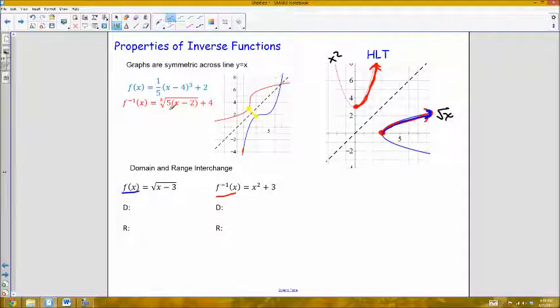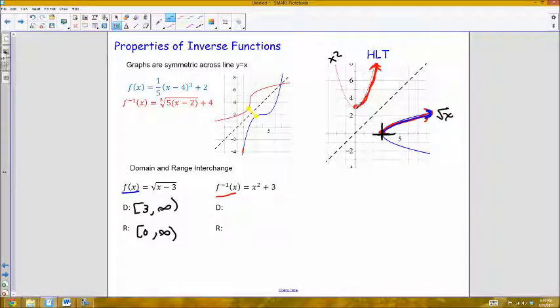So let's look at the domain. The domain of this blue line starts here at the x value 3 and continues on to infinity. So from 3 up to infinity is its domain, and its range, its output value, starts here at 0 and continues up to infinity. So it's going to be from 0 to infinity.